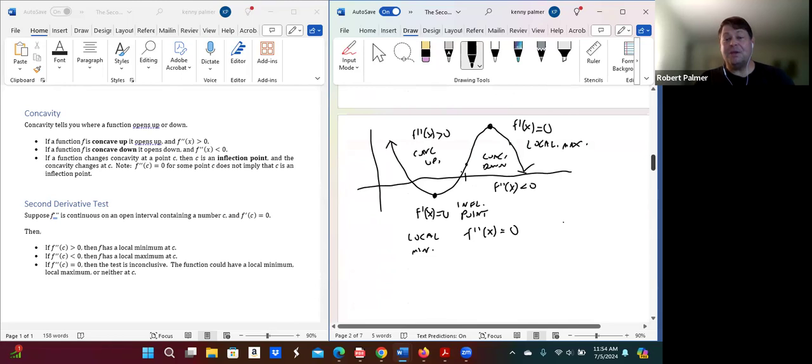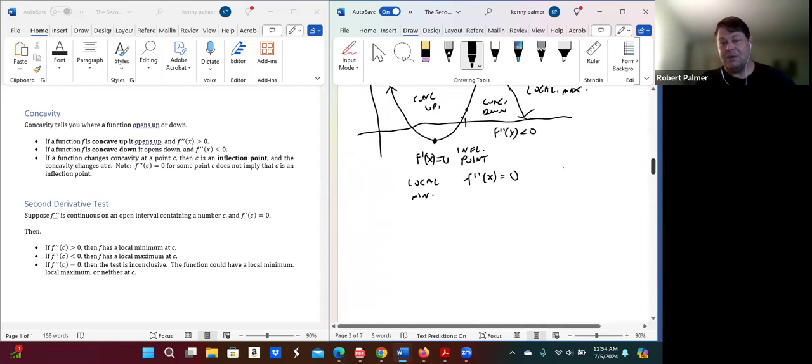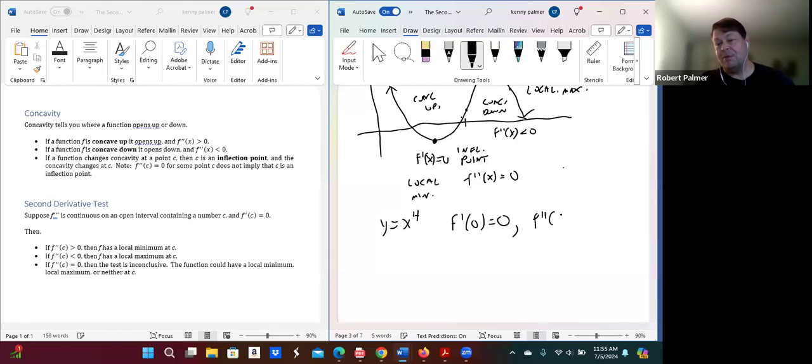Specifically, at the same point where the first derivative is 0, if the second derivative is also 0 there, then the test is inconclusive. That goes back to y equals x to the fourth. Obviously, f prime of 0 is 0, but f double prime of 0 is also 0.